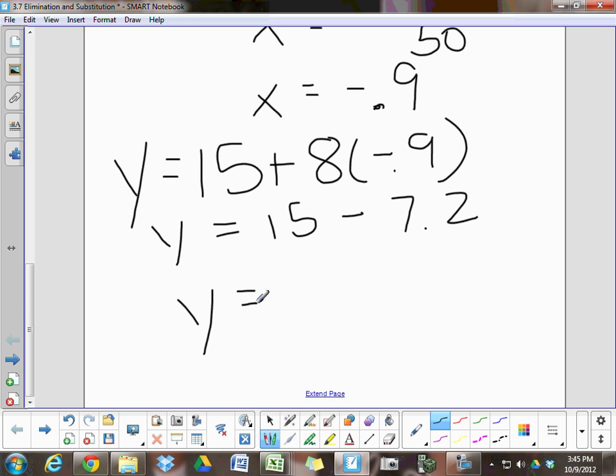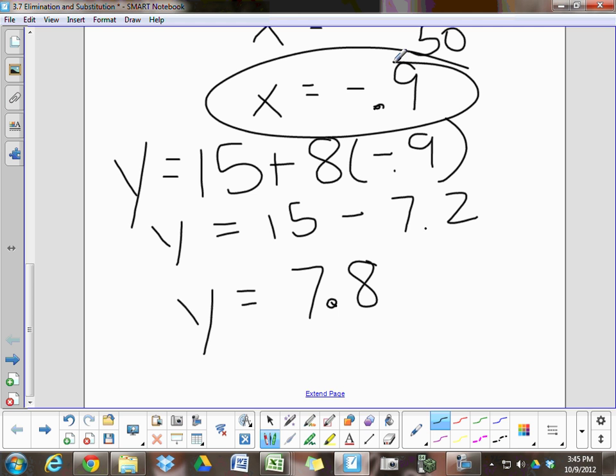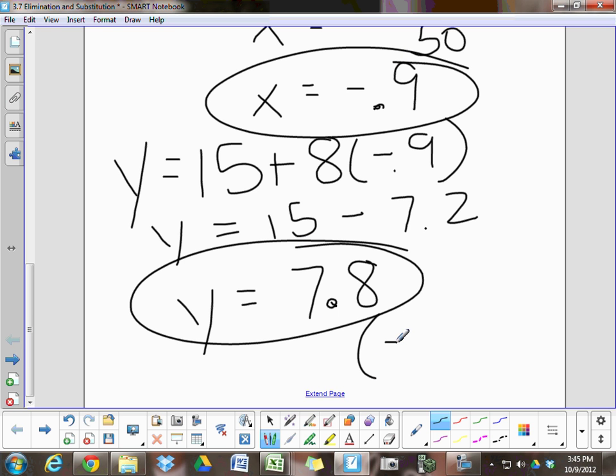So y would equal 7.8. So we have a solution, an ordered pair, with x equal to this, y equal to that. So the solution would be negative 0.9, comma, 7.8. And that is solving a system of equations using substitution.